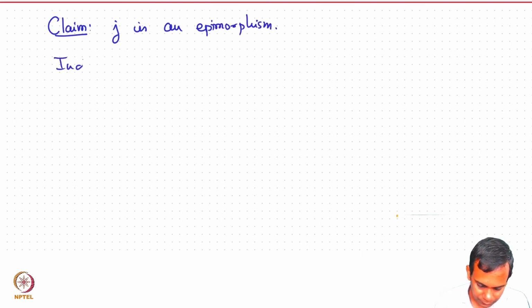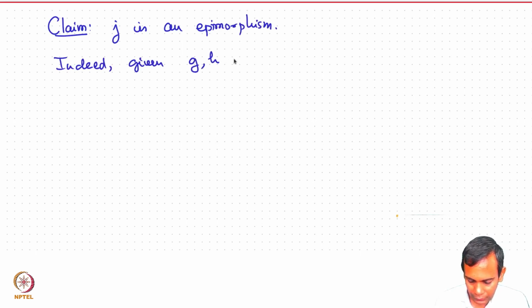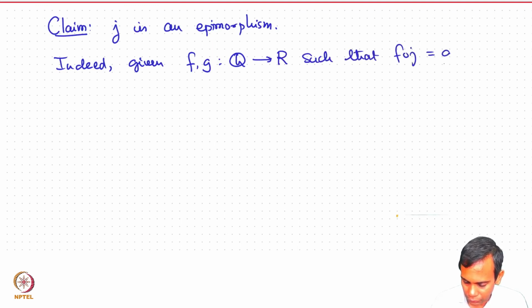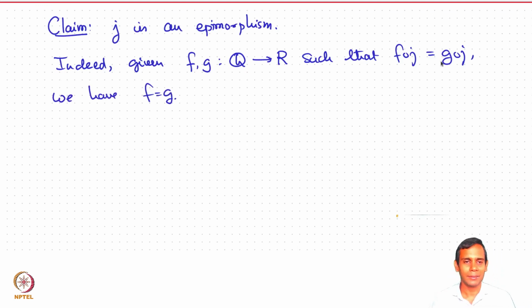Indeed, given F and G from Q to R such that F circle J is equal to G circle J, well, even without this condition, we have F equals G. And so that finishes the solution.